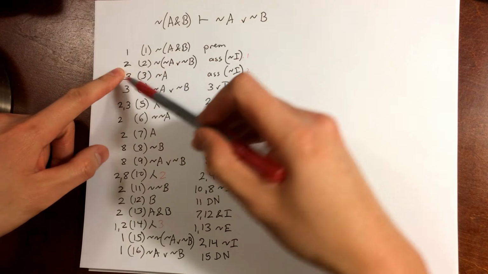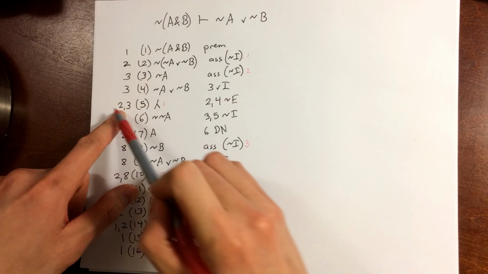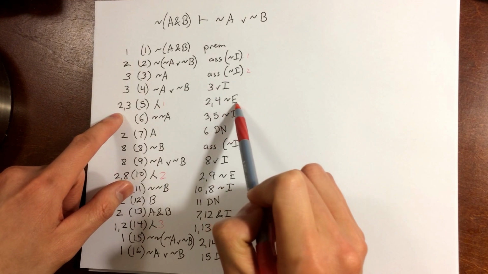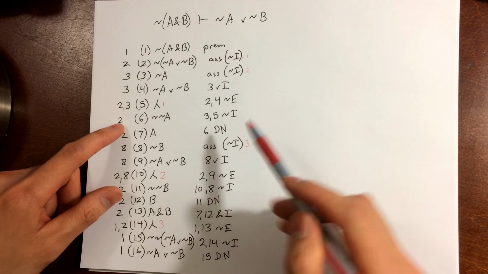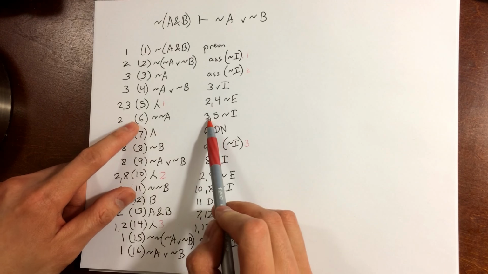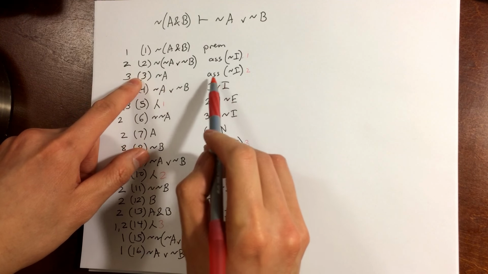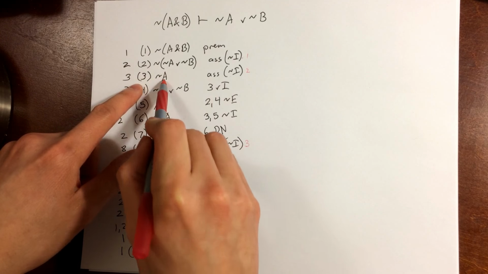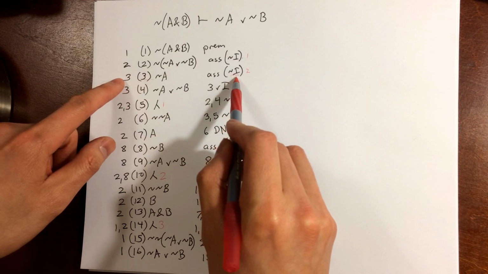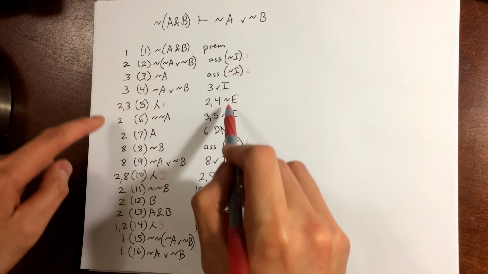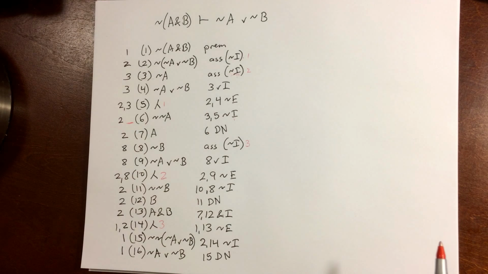And so here you can see on line 2, we've used it here, but 2 remains in the dependency number because this is not a negation introduction rule. So on line 6, we did use a negation introduction rule, but we used it with 3, which says that if you use this formula on line 3 with negation introduction, you're going to discharge 3. And so that's what happened on line 6, where 3 gets left out in the dependency numbers.